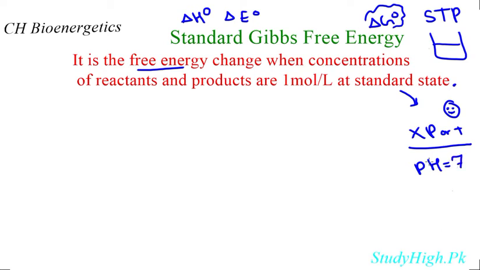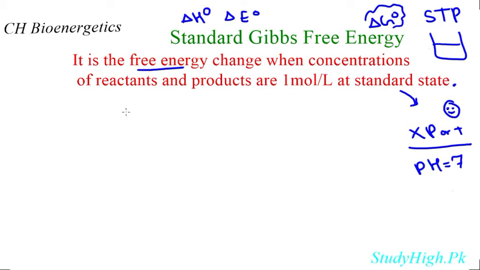So if someone asks what the standard state is for biochemical reactions like glycolysis, it is pH 7, and this standard state can change according to the conditions, whereas ideal gases and liquids have standard states that remain the same in all conditions. So first you must know what the standard state is.